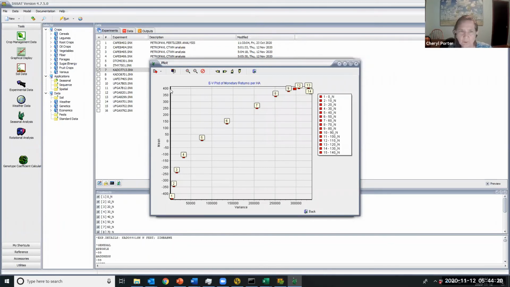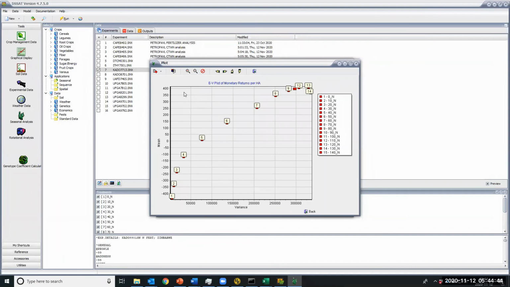So we want the profit to be as high as possible and the variability to be as low as possible. So the ideal would be up in this upper left corner, where Cheryl is pointing with the cursor.